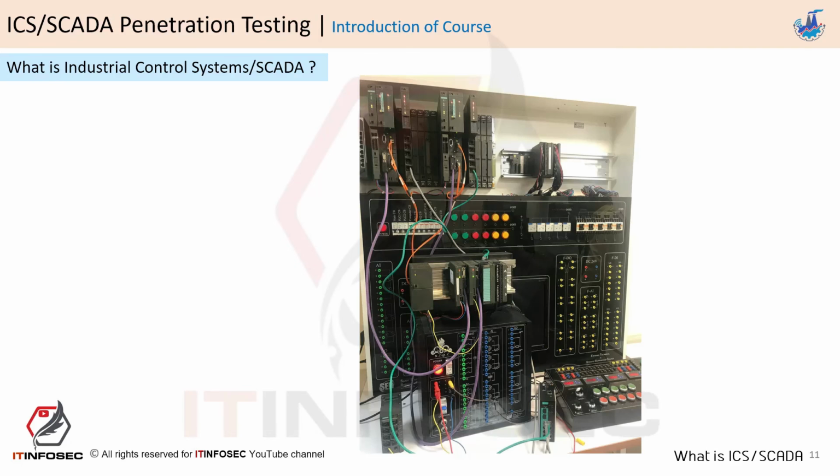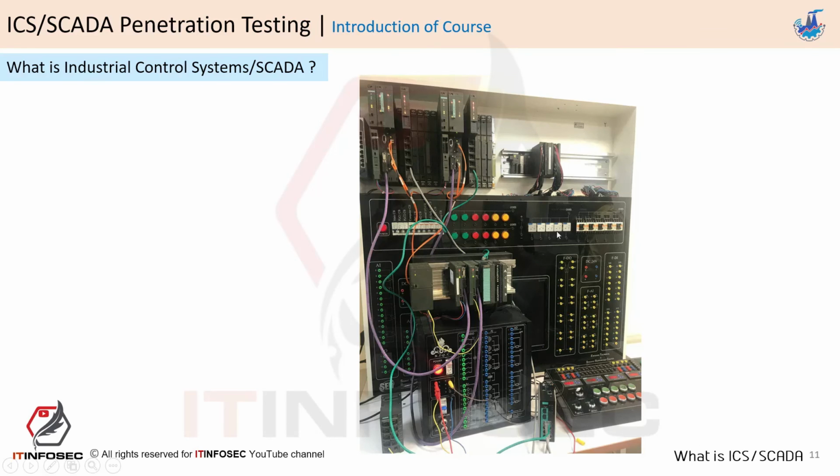For example, this is the DCS. In this example, these items are PLCs or CPUs connected through the switch. And this is another one. This is a switch, an industrial switch. This is an industrial firewall. And this is the backplane.